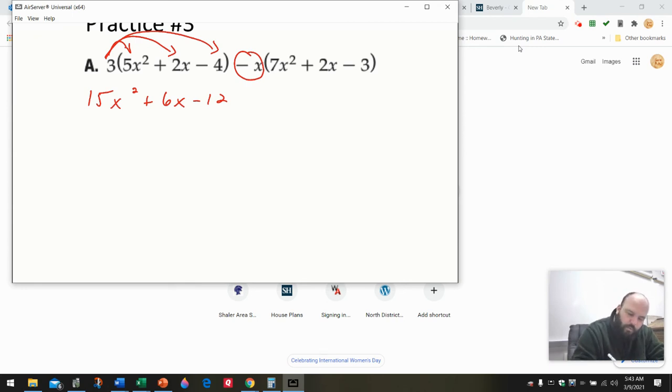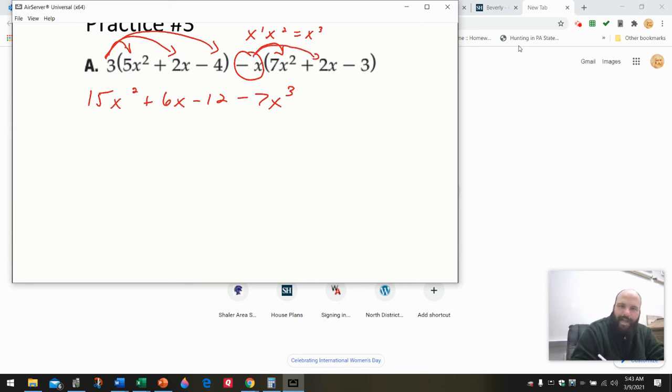From there, we distribute the negative x. Negative x times 7x squared. So negative 1 times positive 7 is negative 7x to the third. Again, remember, x to the first times x to the second gives me x to the third. Then we distribute the negative x to the 2x.